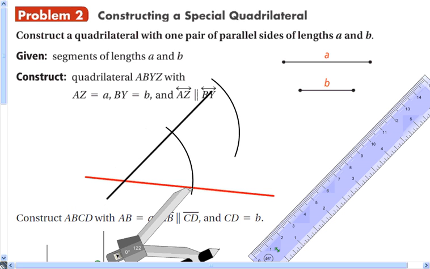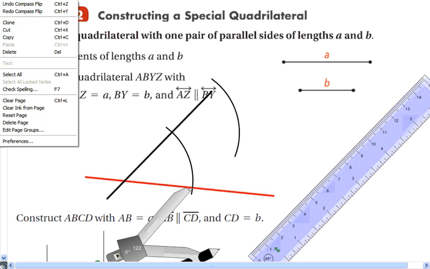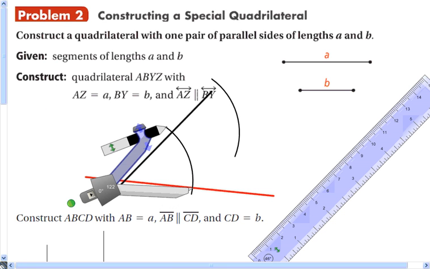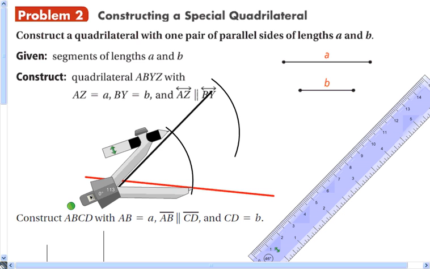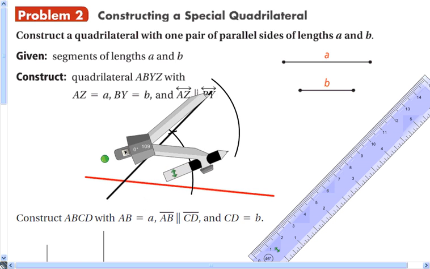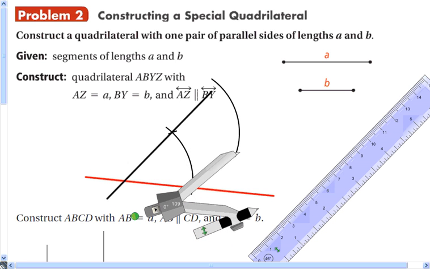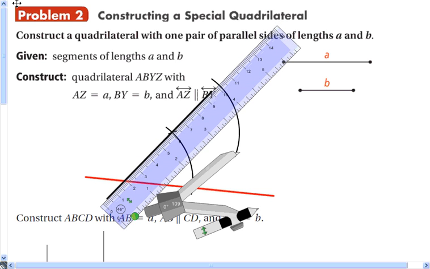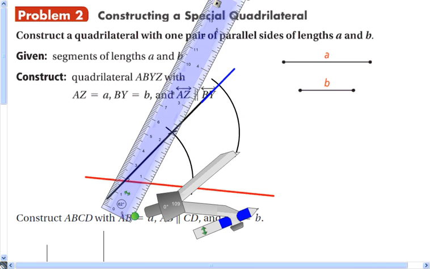So there we go. That's the right width. Both there. And I'm going to measure that arc on the other angle. Find it far enough. Finish that out so I catch that arc.